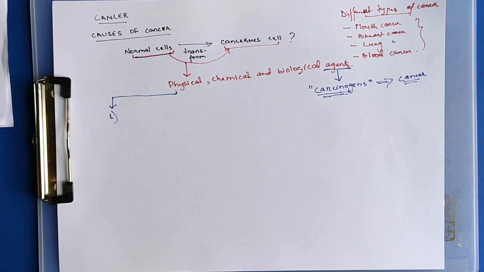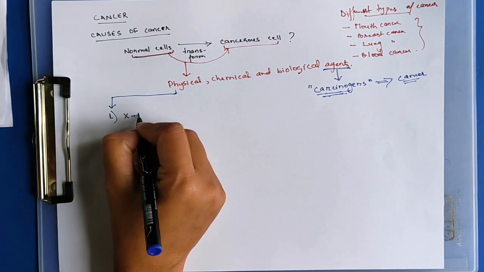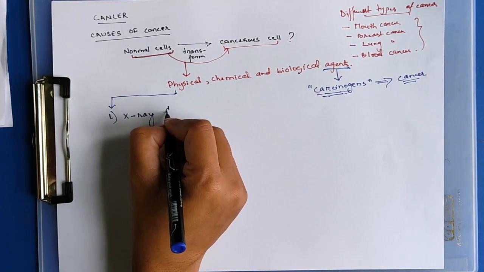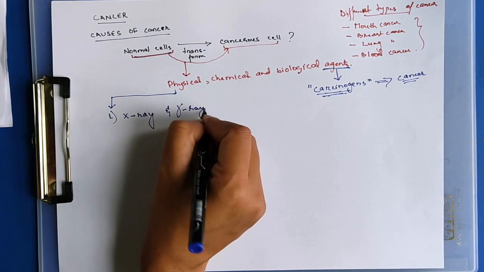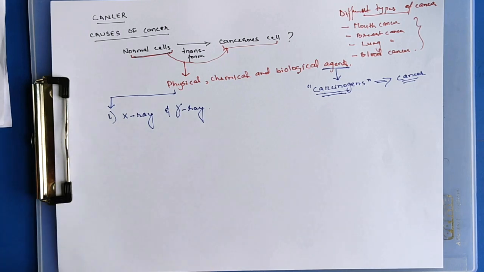First, physical agents: ionizing radiations and non-ionizing radiations. Under ionizing radiations we have X-rays and gamma rays.